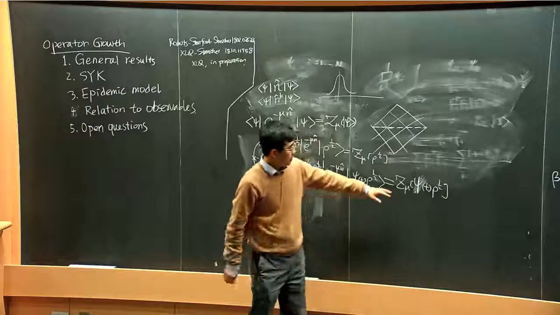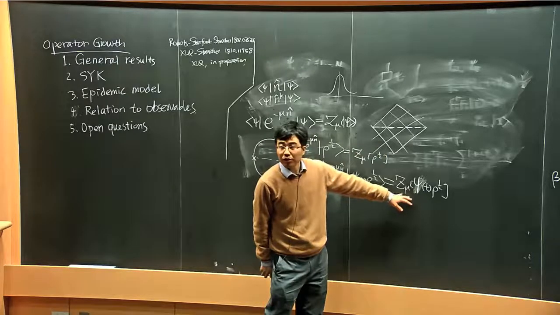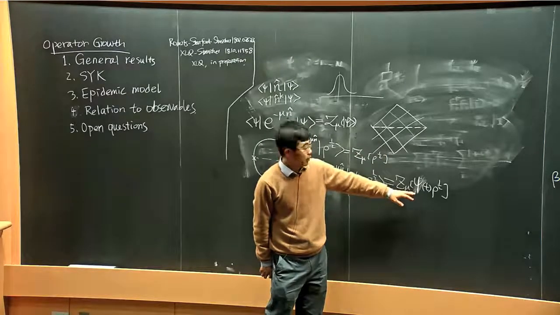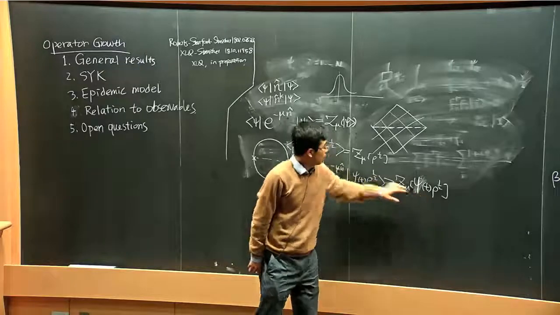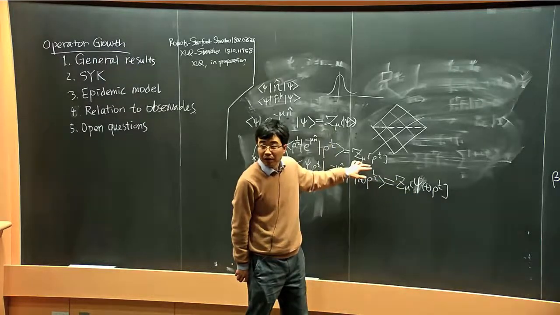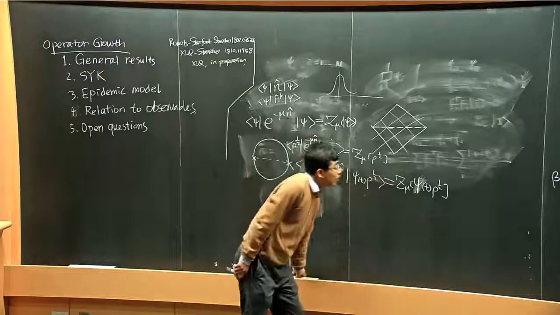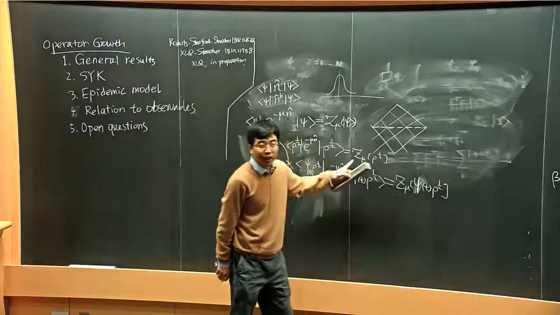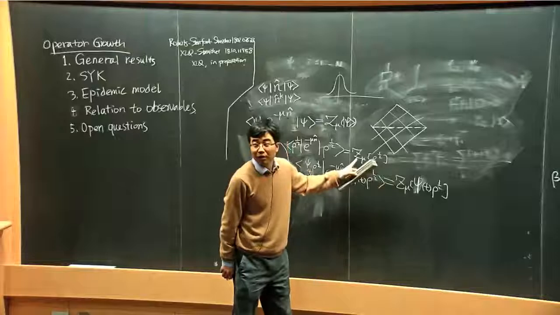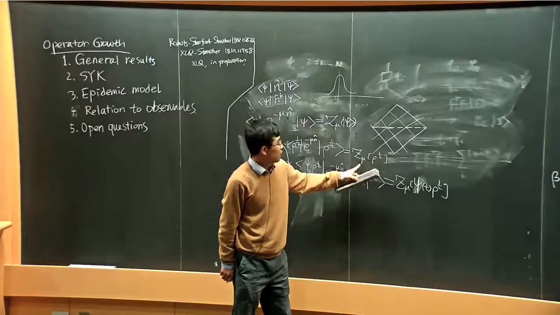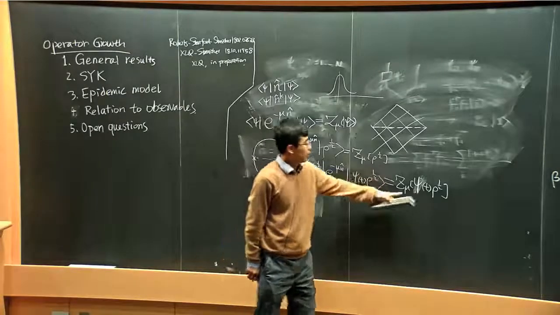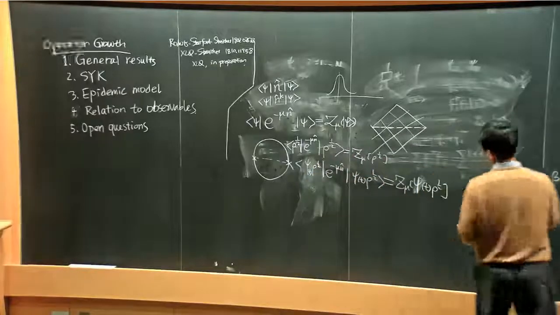So let's say if you take the first derivative of mu at mu equals 0, then you get the size of this operator, and here you get the size of that operator. So the difference is actually determined by the ratio of the two. But the ratio of the two is actually just the two-point function with that background. This is like the partition function with the twist, and in addition you have two insertions.